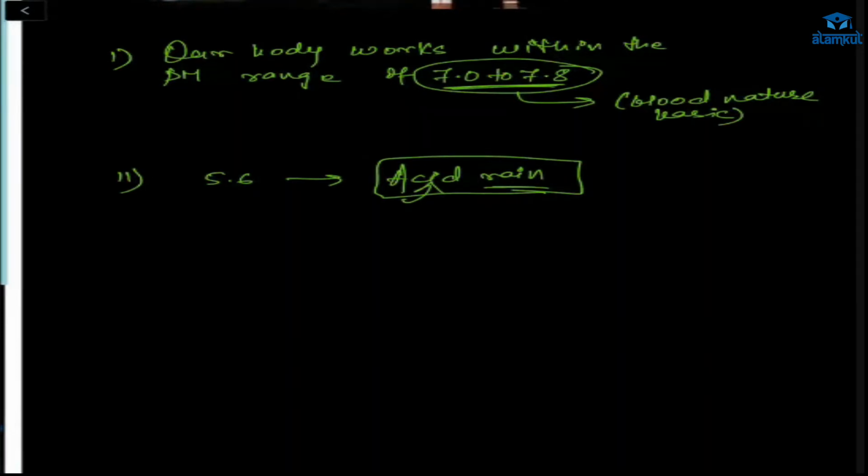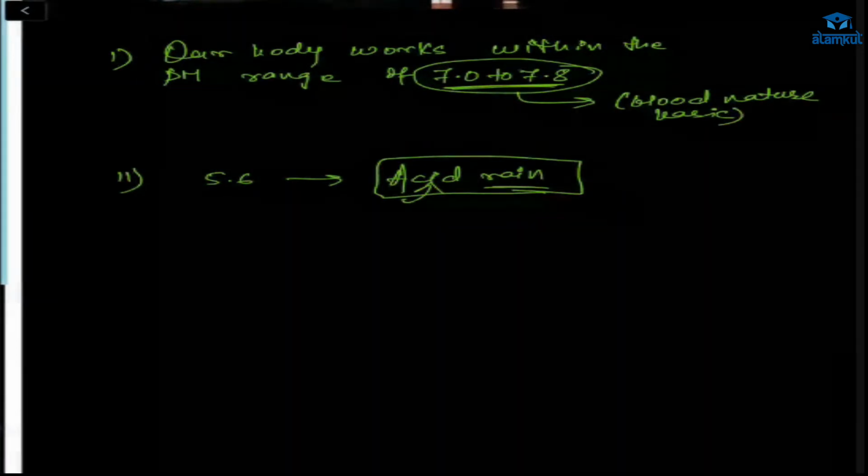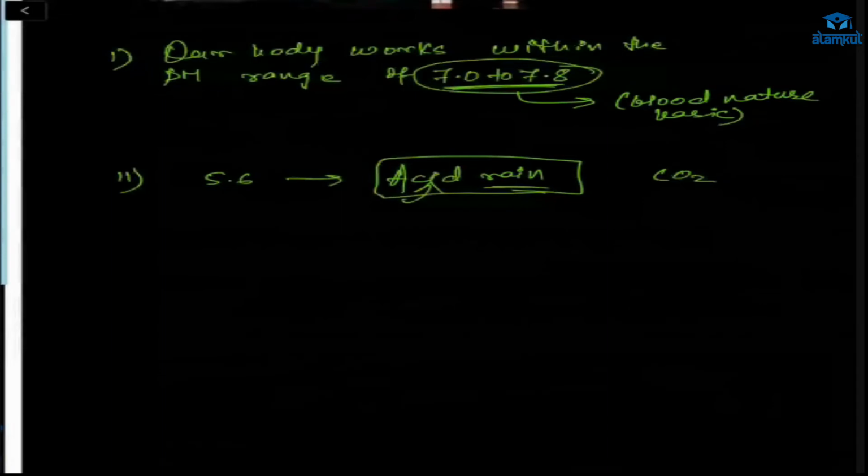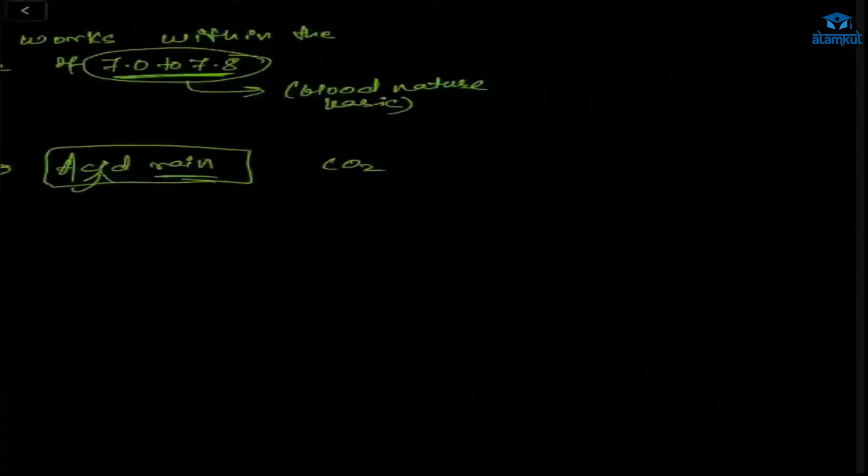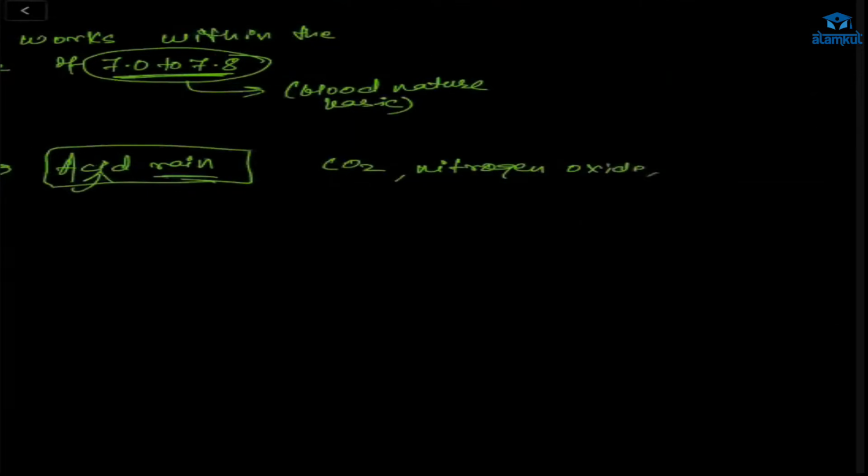Yes, because it is low pH, and in pollution there are fumes consisting of carbon dioxide, nitrogen oxide, sulfuric oxide, which go up into the cloud and mix with the water droplets.